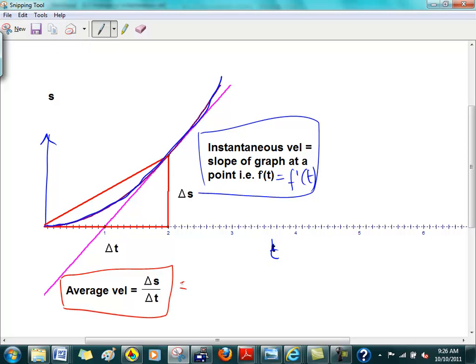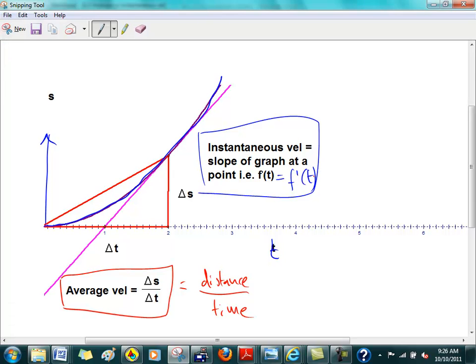It comes straight out of distance over time, from your physical science in 8th grade. Distance over time. And to find the instantaneous velocity, you need to differentiate a function that's given to you, okay? And let's do an example and I'll show you that in a minute.